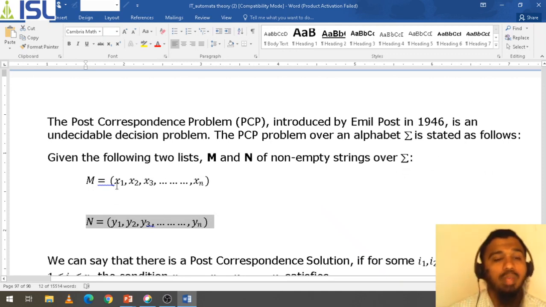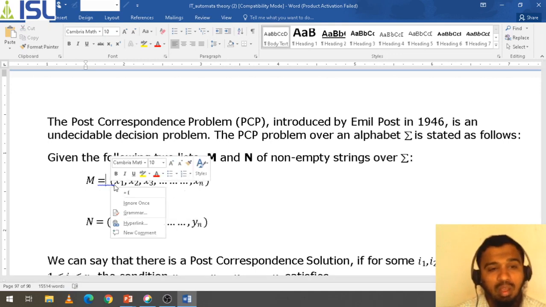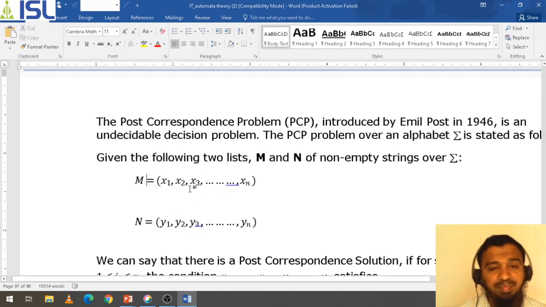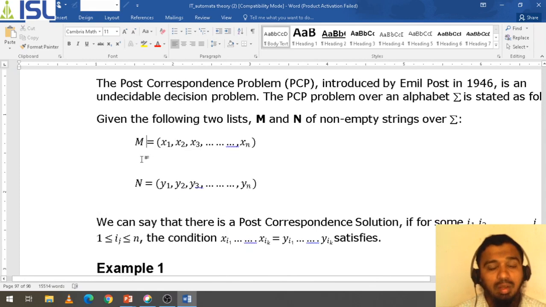So this should be non-empty, at least some data should be available here. Next, in M we have strings x1, x2, x3 and so on till xn, and in N we have y1, y2, y3 and so on till yn.